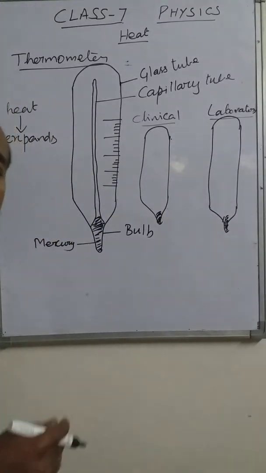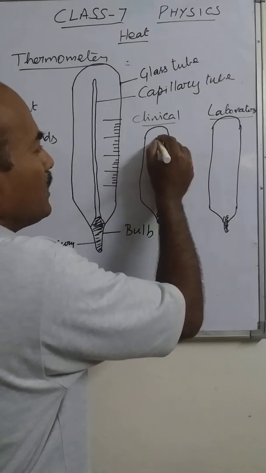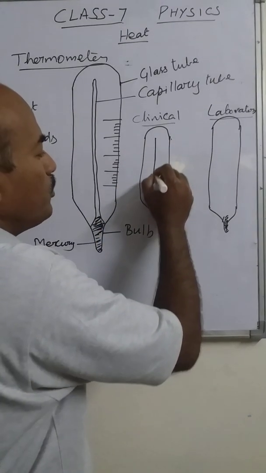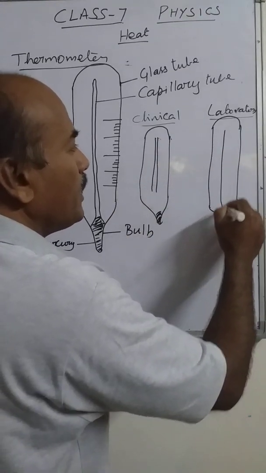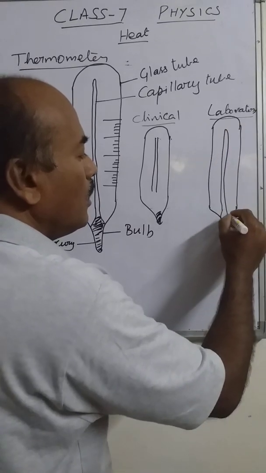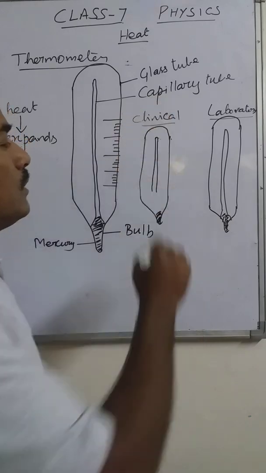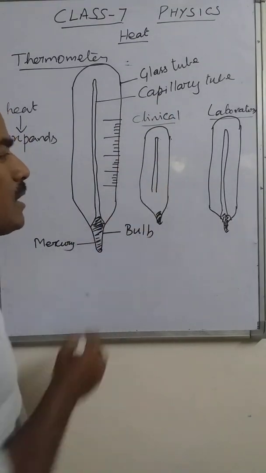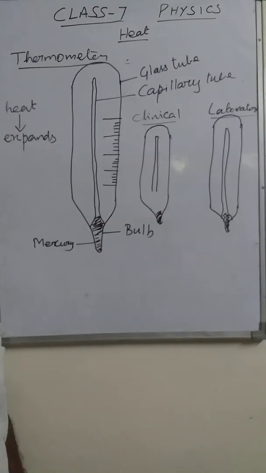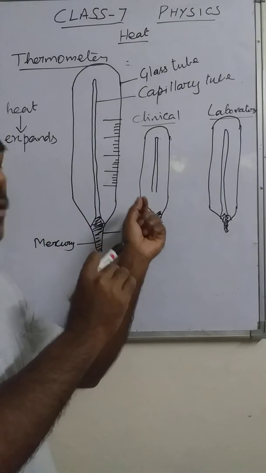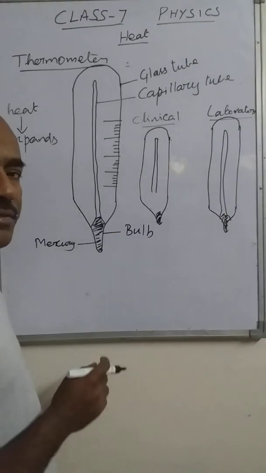In both we have the capillary tube. So these are the similarities. But the difference is, in the clinical thermometer, the capillary tube is not like the capillary tube present in the laboratory thermometer. There is a difference.